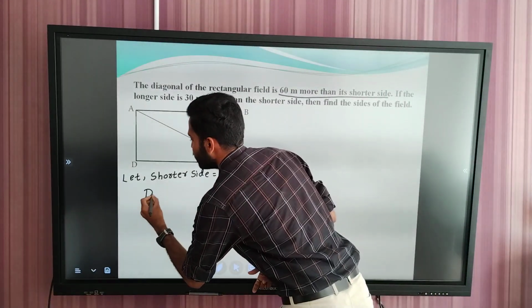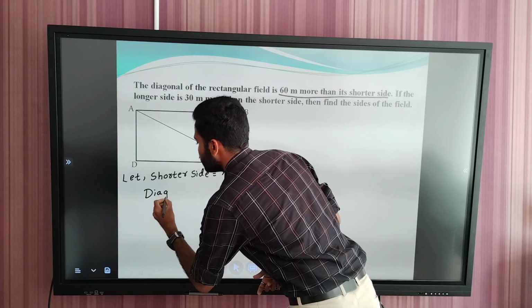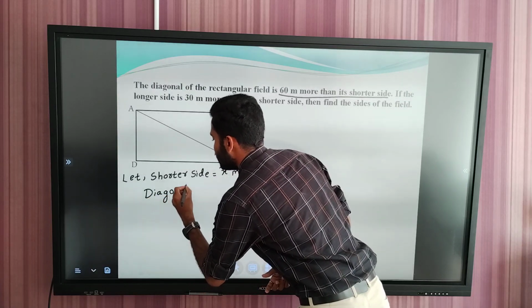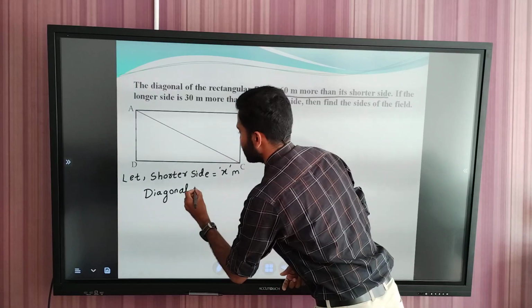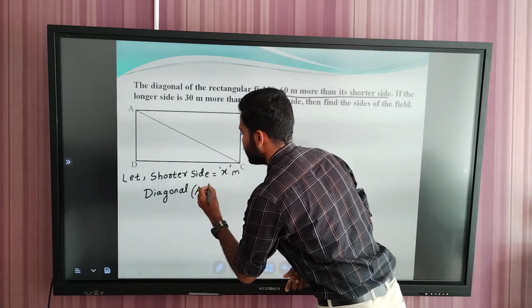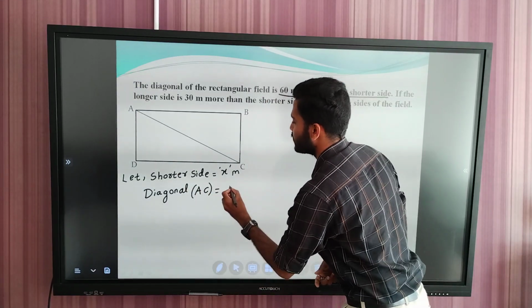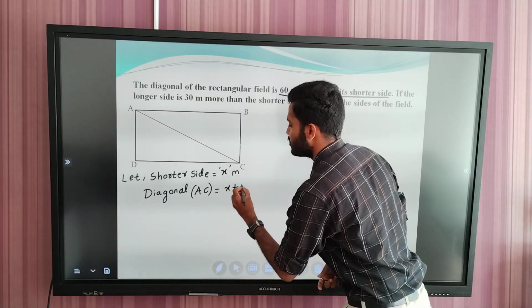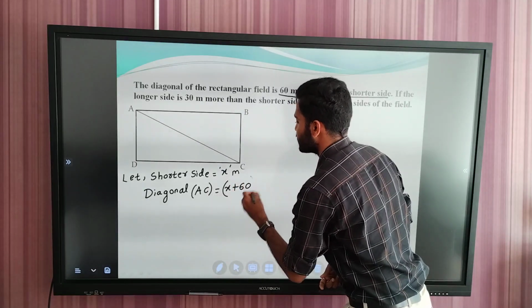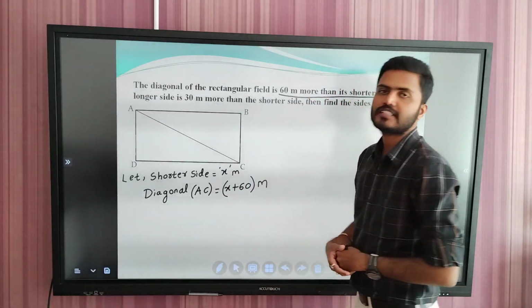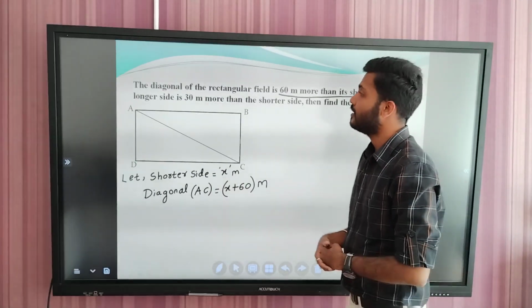So the diagonal, it's AC, is equals to, it's 60 meter more, which means x plus 60 meters. So this is nothing but our diagonal.